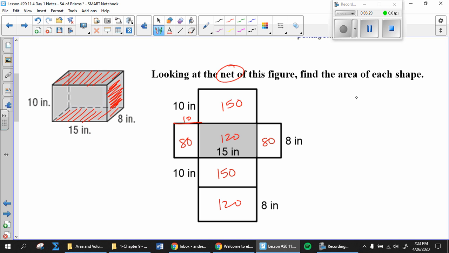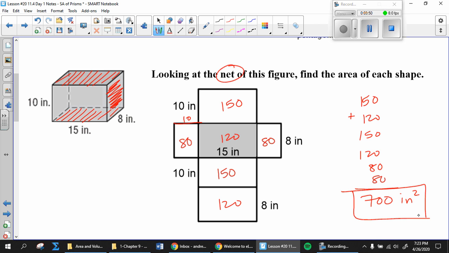And so if we want to find the surface area, we simply take 150 plus 120 plus 150 plus 120 plus 80 plus 80. So that should give us 400 and 300, so 700 inches squared. Okay, and so we simply just added all those up. And that gives us the area of the surface, the area of all the faces.